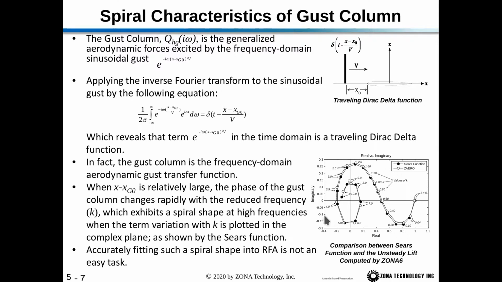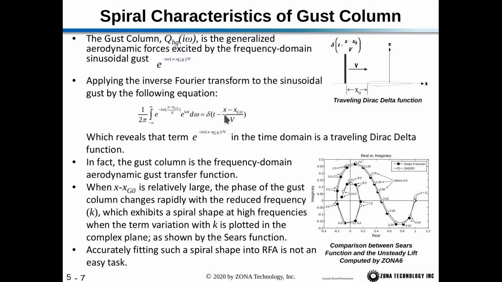Now, accurately fitting such a spiral shape into the RFA is not an easy task. So you can see from k equals 0 to 2, we have a nice, well-behaved curve. But now as we keep increasing k, you can see that we're developing this spiral term.